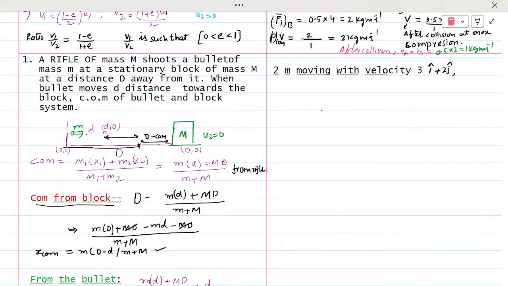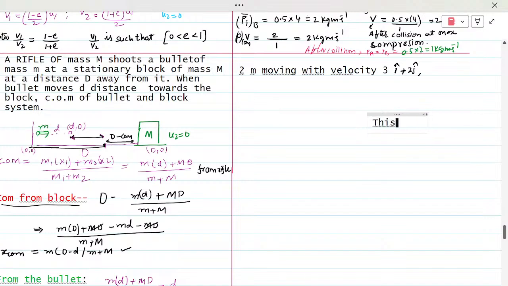So this is colliding with a, this collides with a... sorry for the inconvenience.